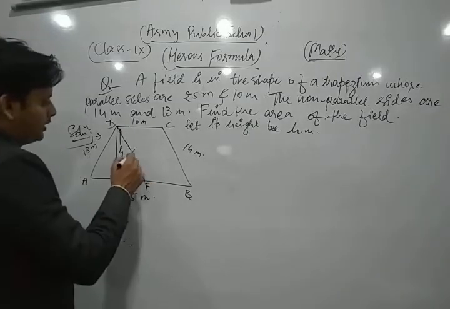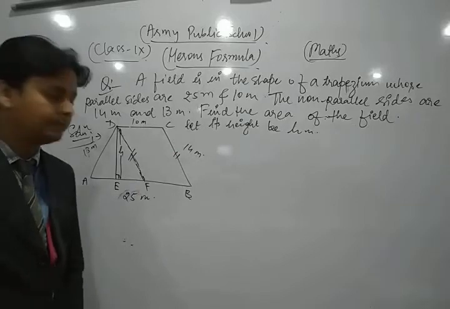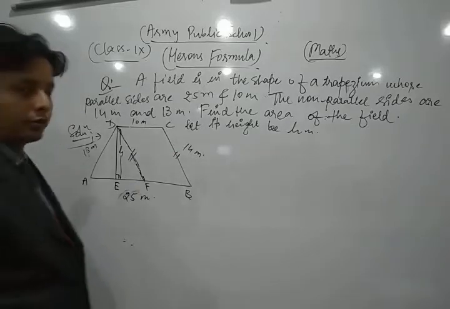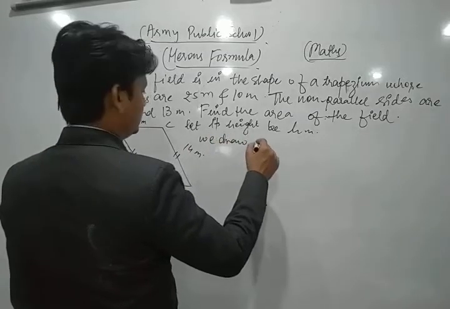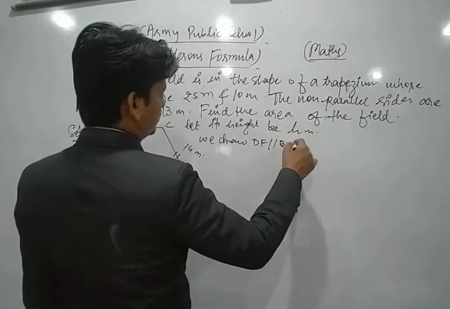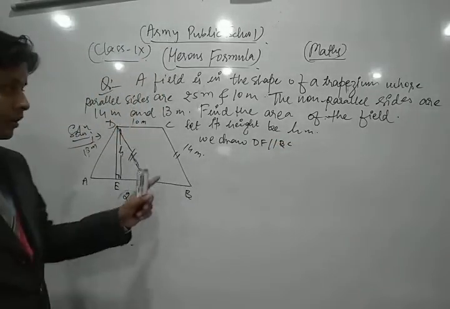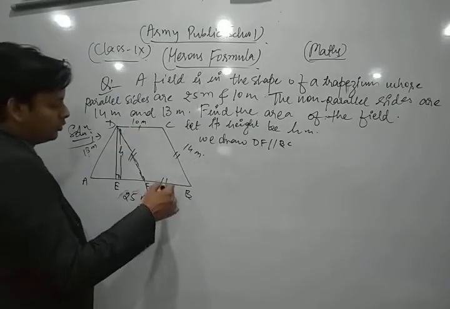First of all, we draw DF parallel to BC by construction, and we already have CD parallel to BF.